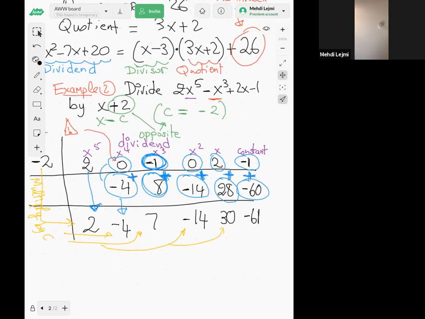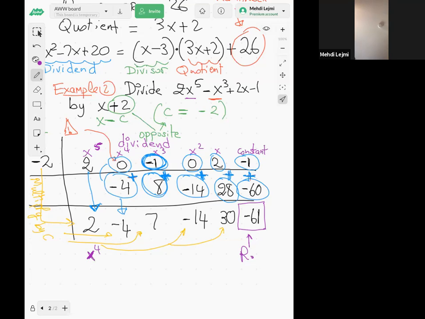Anyway, so now how do we read the answer? Well, the last row, last column, that's my remainder. So this is my remainder here, right? Now, what about the quotient? Well, here it's x power 5. So we said in the last row, the quotient starts with 1 degree less than the dividend, right?